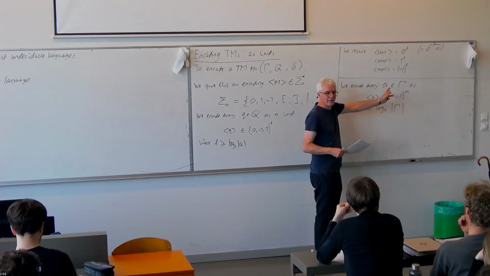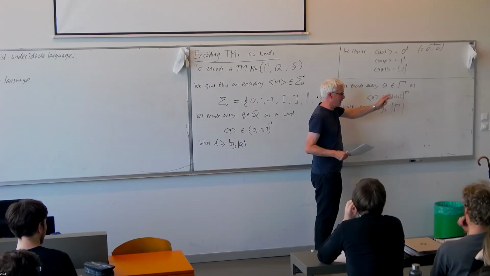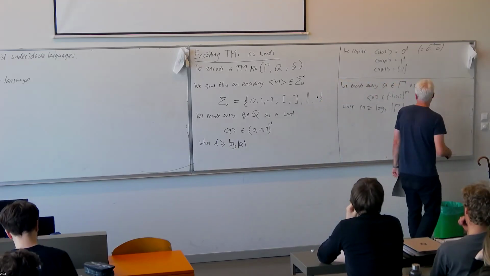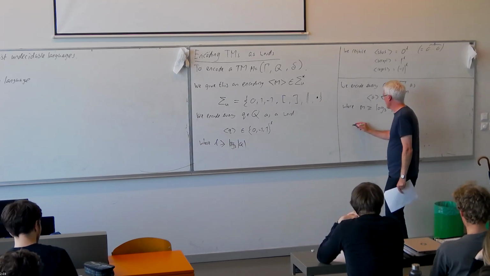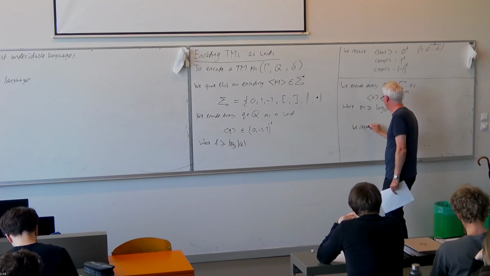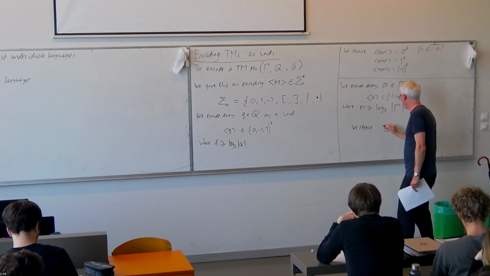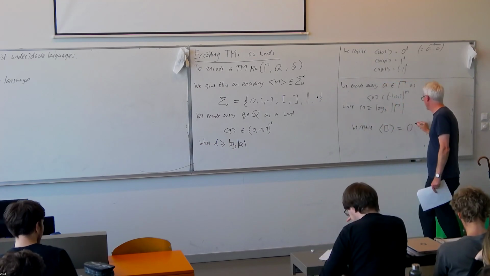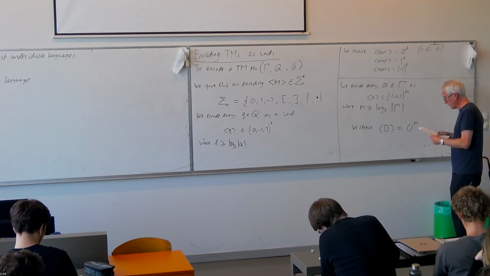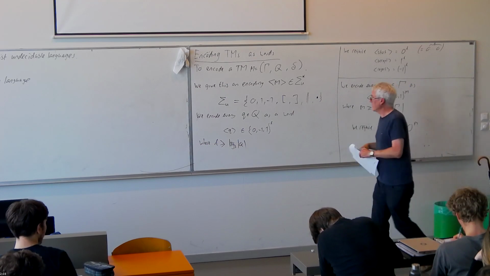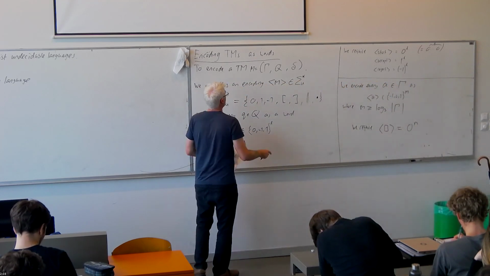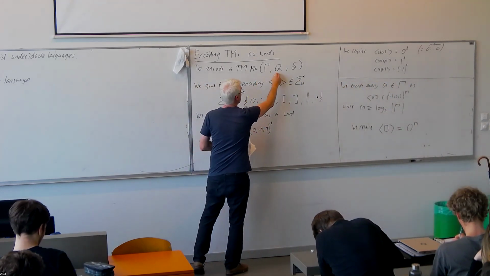What is it? The blank. So let's encode blank as the constant sequence of zeros. So we require that the encoding of blank is 0 to the M.